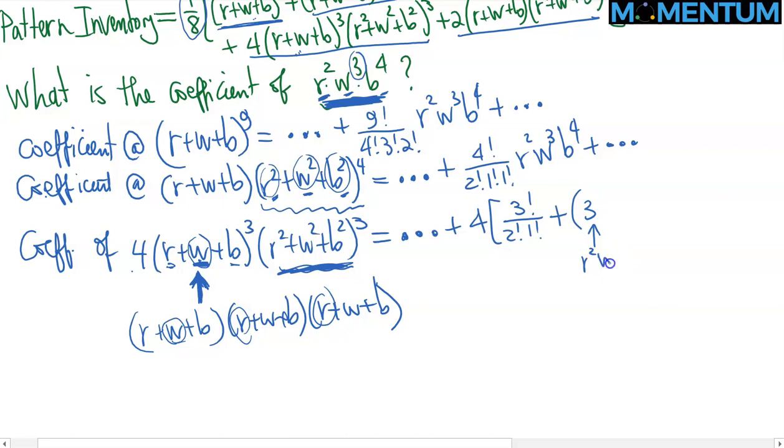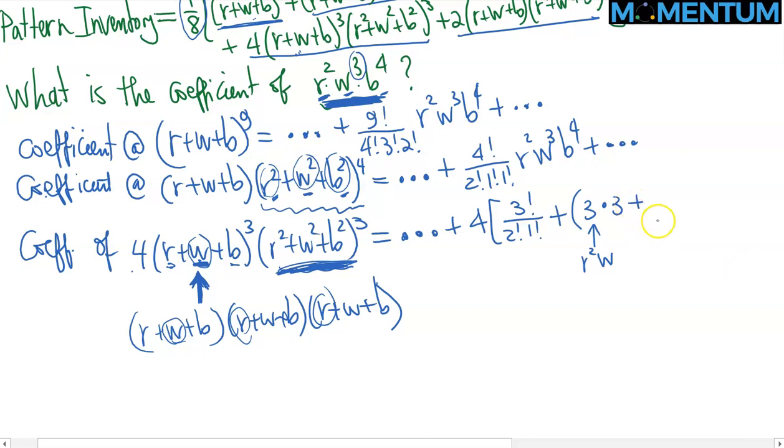And then from the second bracket, because r squares are already taken care of, we need to have w squared and b to the 4. Again, this can be done in 3 ways, right? Because we have 3 parentheses. Choose which parenthesis you will get the w squared from, and then from the other 2 parentheses, you'll get the remaining 2 b squares.